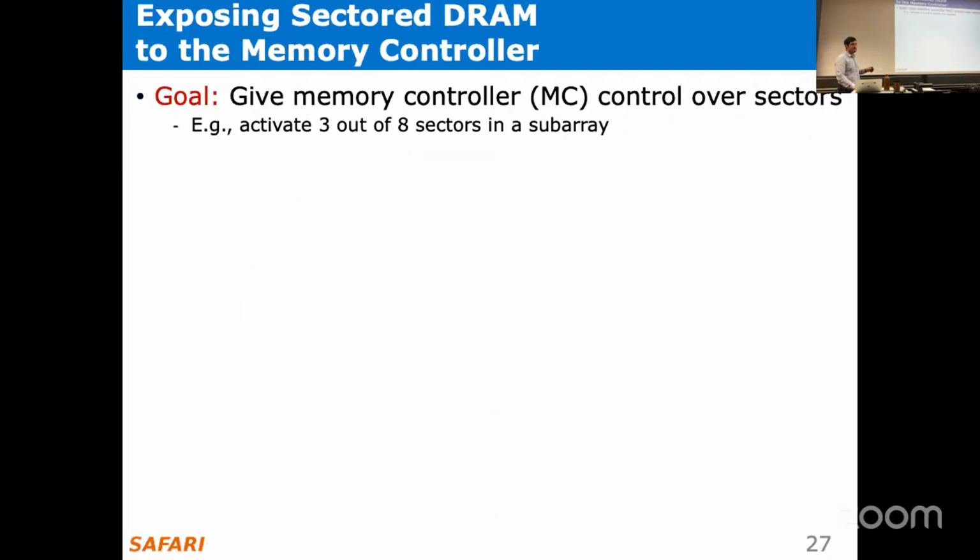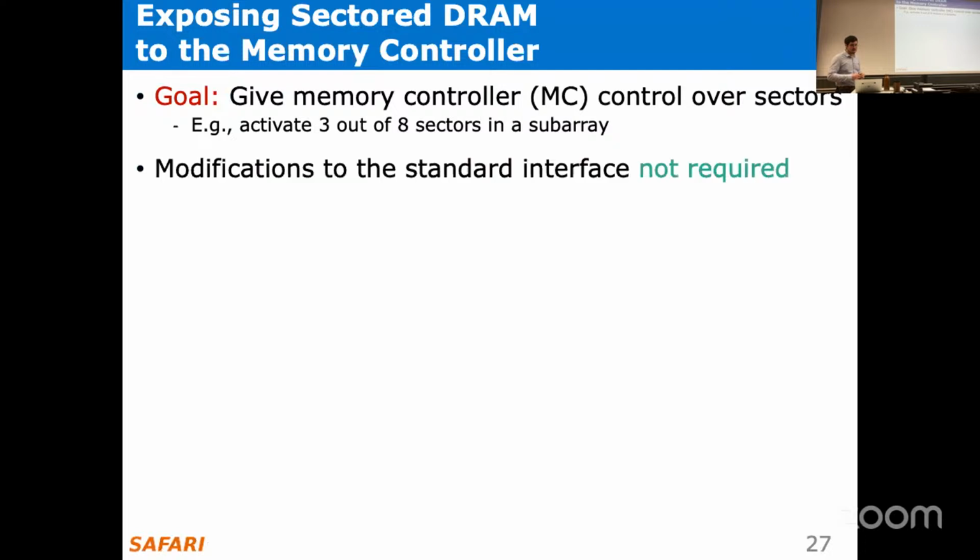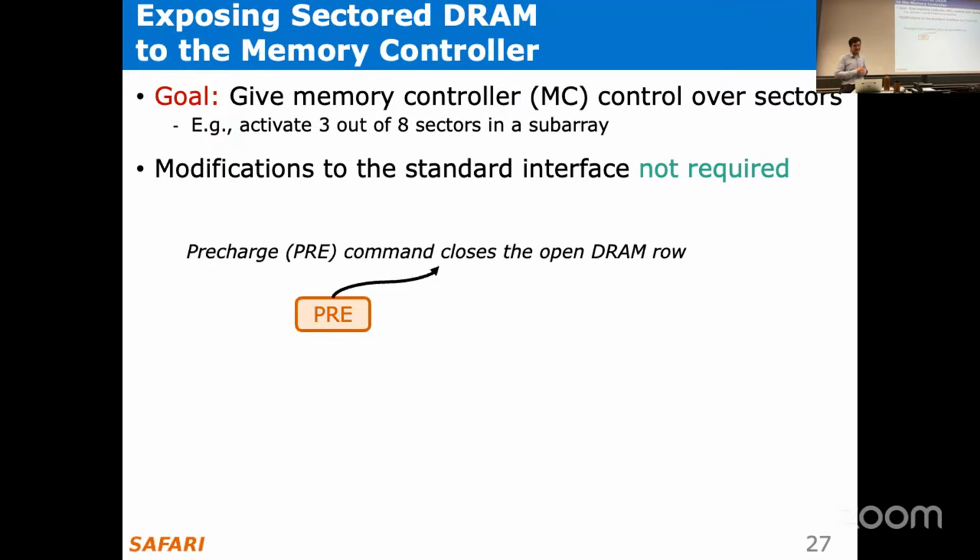Now I'll briefly describe how a memory controller can take advantage of sector DRAM and exercise control over sectors. Integrating sector DRAM chips into a system does not have to require changes to today's standard interface, which is a nice feature to have. To explain our reasoning better, you already know about this, but this is the pre-charge command, which is used by the memory controller to close and open a DRAM row.